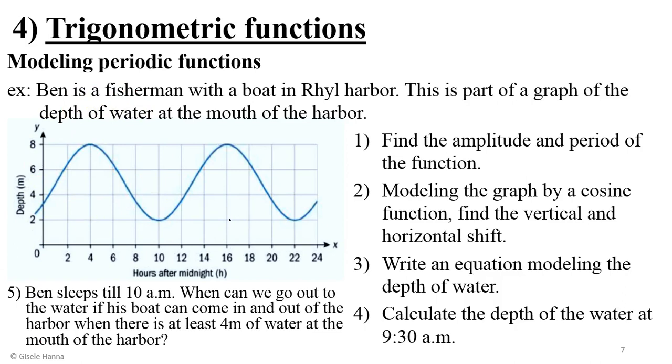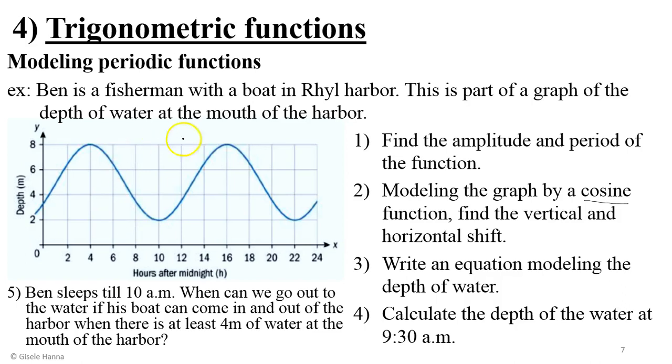So you can see it's a sinusoidal function, so it is a periodic function, so it could be modeled by either sine or cosine. For example, you'd notice here in part 2, they do tell you that this function is modeled by a cosine function.